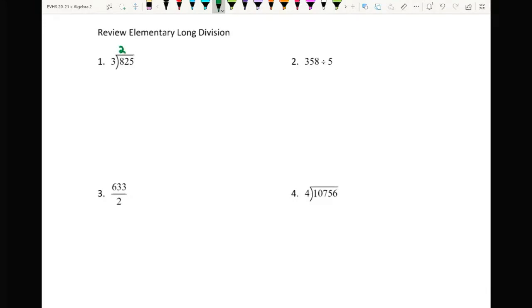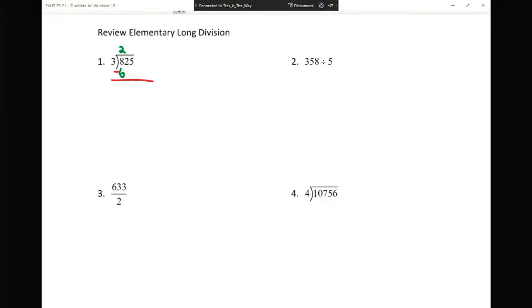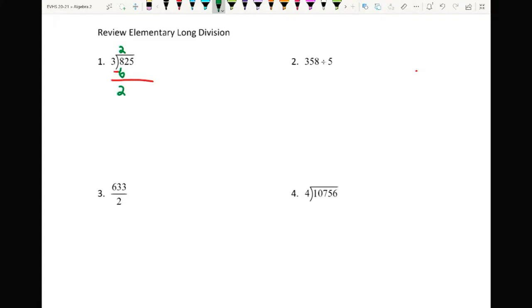So then we multiply 3 times 2 to give me 6. And now I subtract it out. 8 minus 6 gives me 2. And then these all just drop straight down. So I've got 2 and 5.